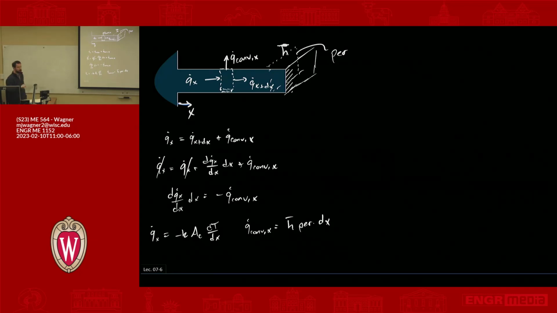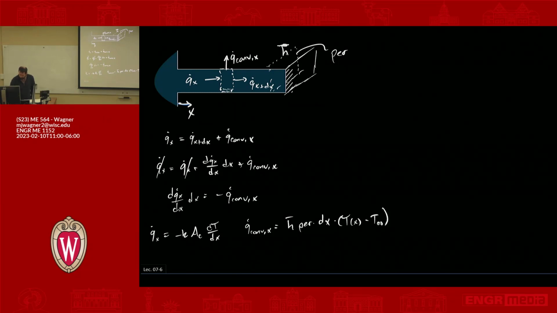Now, this is for a rectangular fin, so it's pretty easy. If you're doing a fin that doesn't have a constant cross-sectional area, you need to make sure you're using the right differential area. So if it's expanding, you need a function of area that depends on position or something like that, right? So you got to be a little bit careful about that. So h bar perimeter dx times the temperature T at x minus T infinity, right?